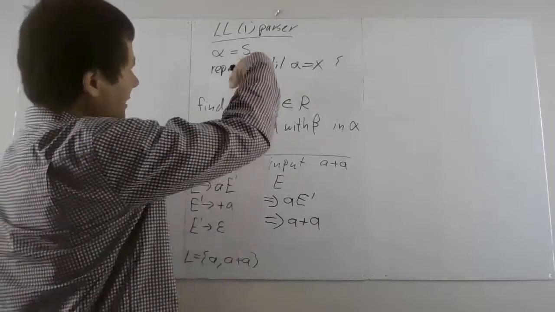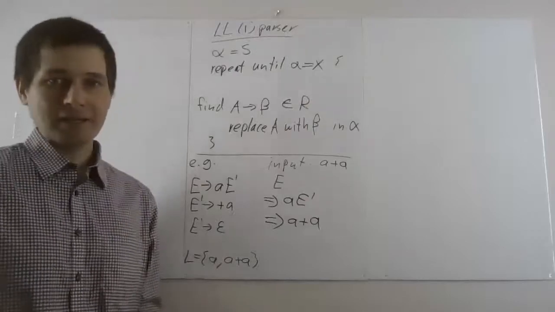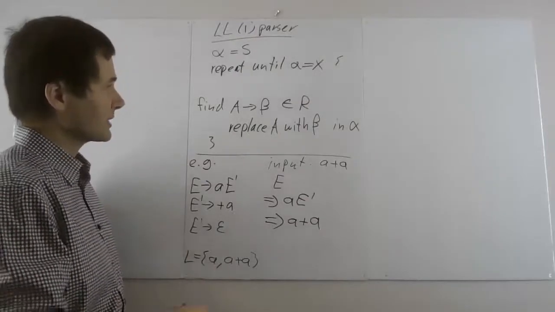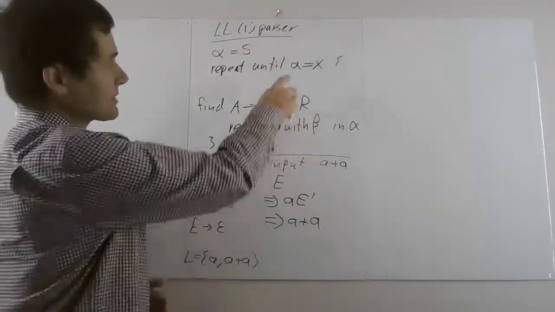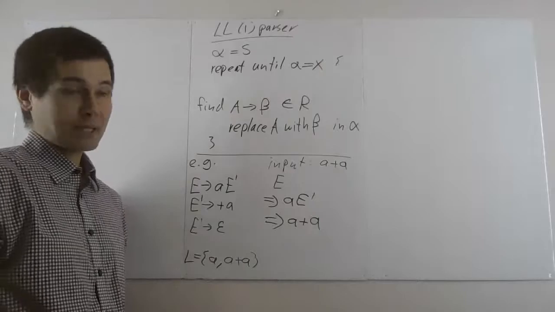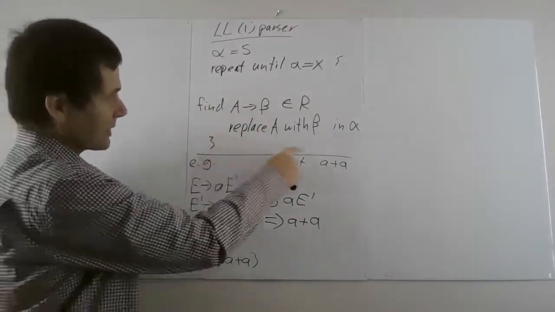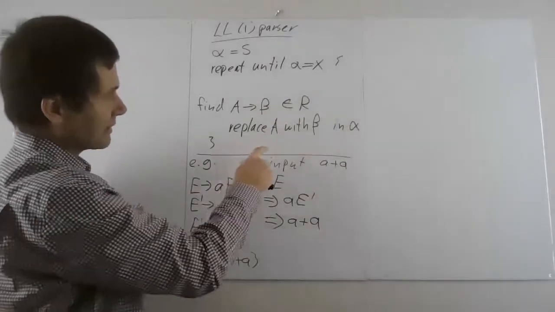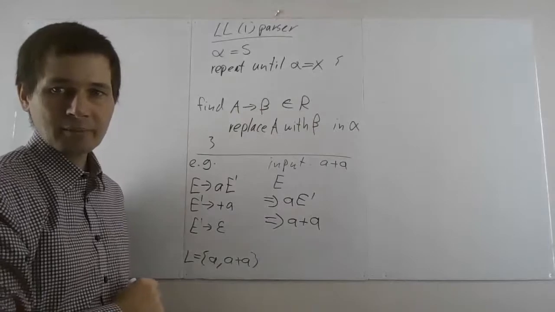We start with alpha being S, and each iteration of this loop is one of the derivation steps. The hope is that eventually we will get to alpha being X. Within the loop, the main thing we do is find a production rule A goes to beta in the grammar.